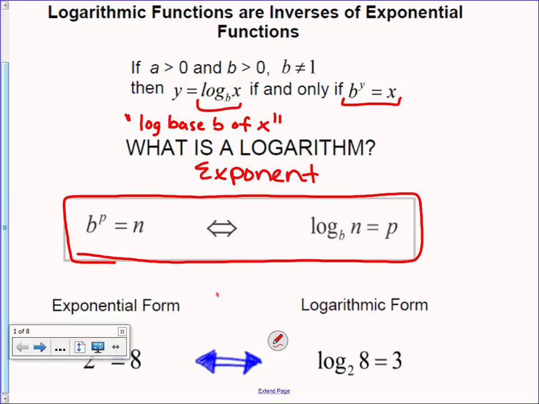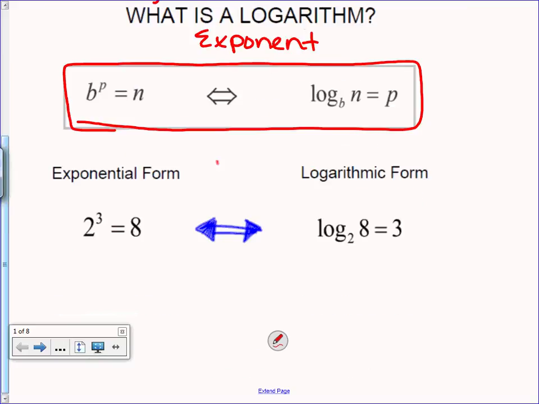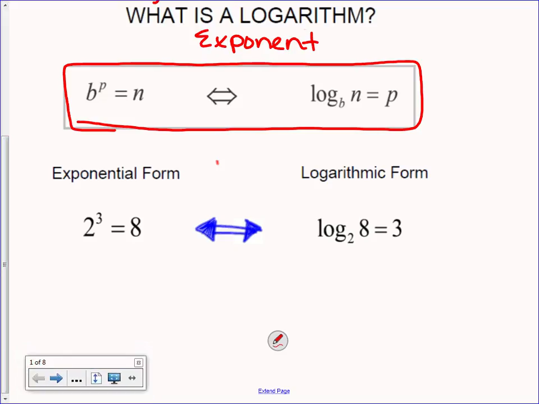When you are converting from exponential form to logarithmic form, here's an example that will probably make a little bit more sense. If you have 2 to the third power equals 8, that converts into log base 2 of 8 equals 3.